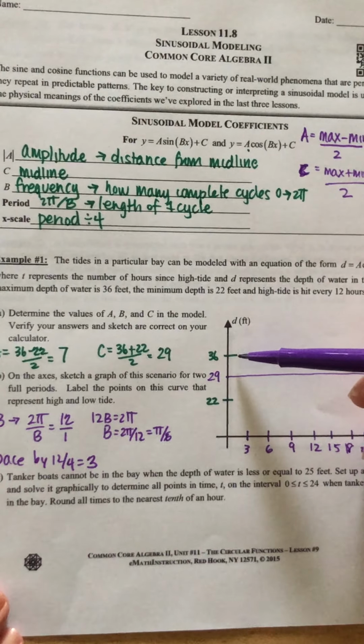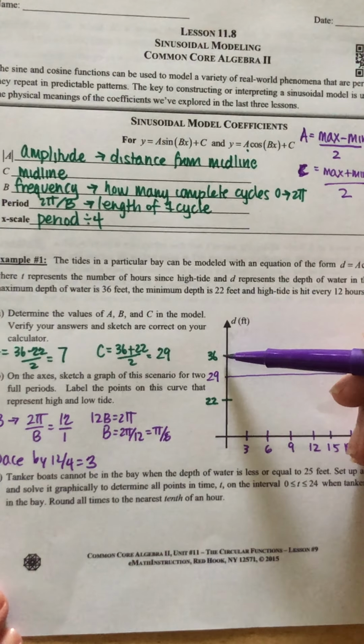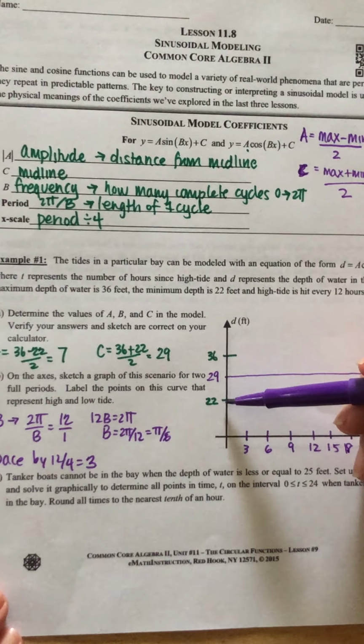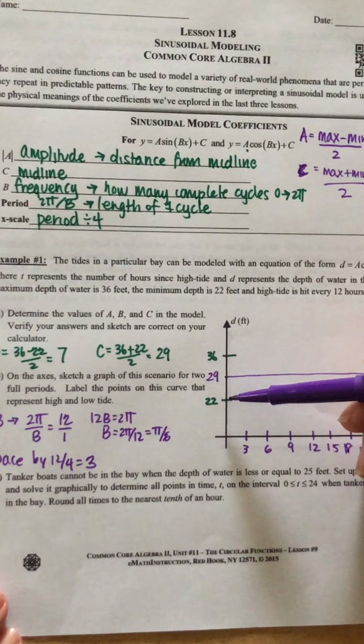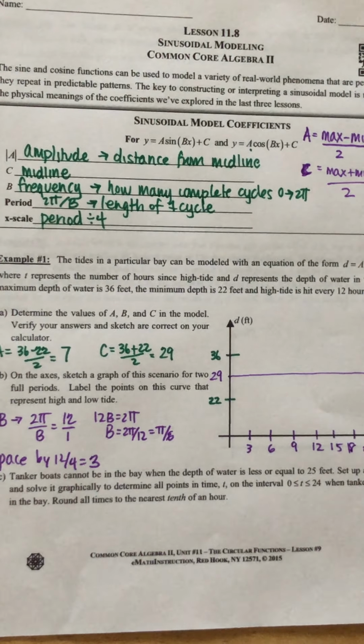All right, so I've got 1 cycle here, the next cycle here. I know I'm going to fluctuate between a high tide of 36 and a low tide of 22. It's a cosine curve, so it's going to start high at 36.